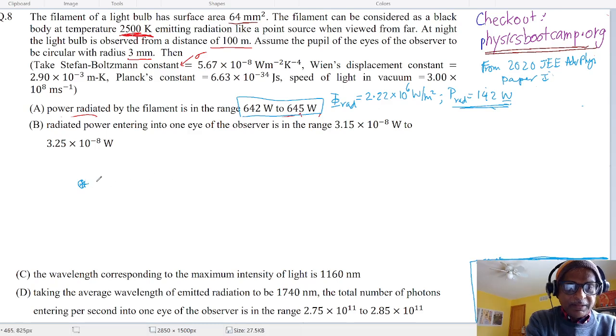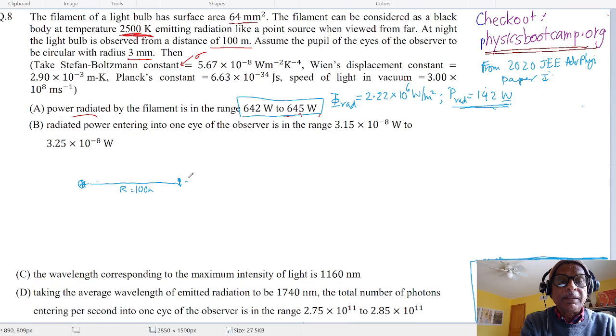And the eye is a little opening about r equals 100 meters away, and the radius of the pupil is a little r, which is 3 millimeters. So if you think about this as area, that's the area that is going to come through here.